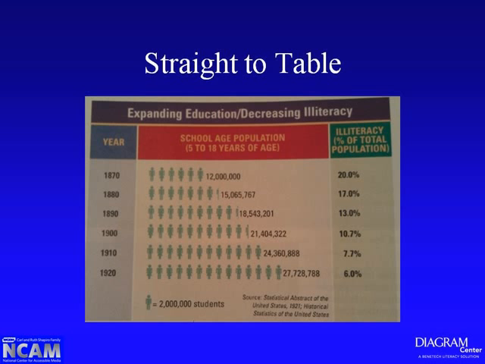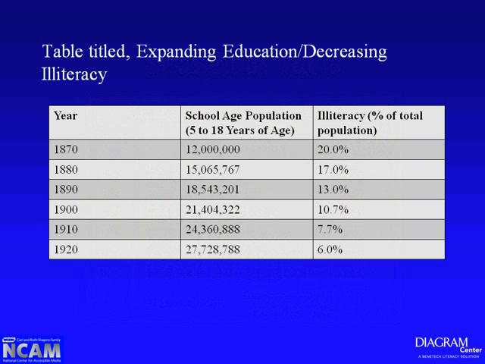Okay, without any specifics, that's what you see: an upward trend in population, downward trend in illiteracy. Depending on the context of the image, that may or may not be appropriate, because this might be in a section of a text which is requiring the student to actually read a table and glean that information for themselves. So that's why context is important. But that one, you know, we're straight to table.